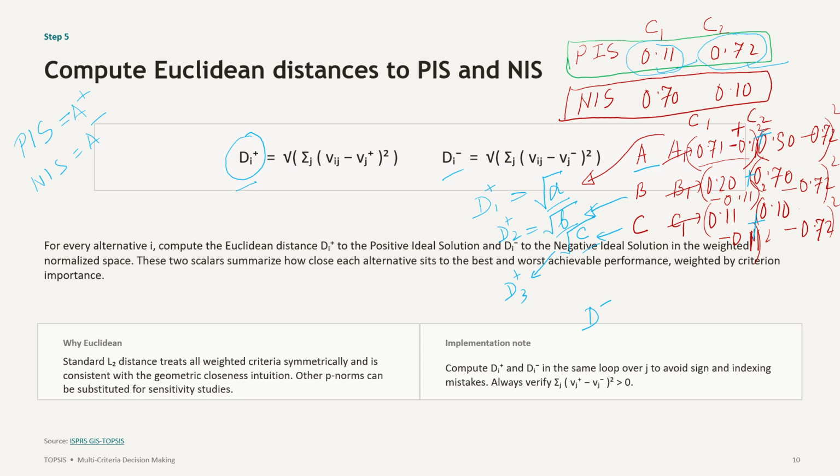Again, whatever value is there for A, B, C for C2, from each of the values you will deduct the NIS for C2 and then square it. After that you will add the square for C1 and the square for C2 with each other and apply the square root to find D1 minus, D2 minus, D3 minus.